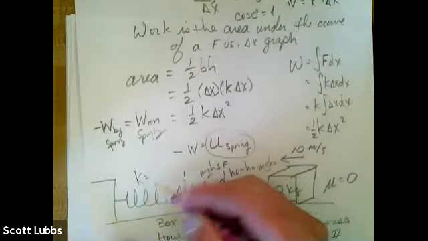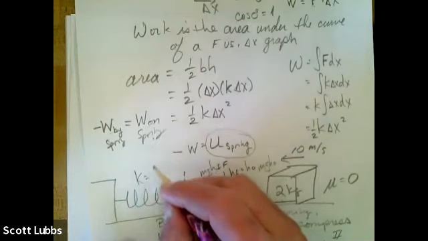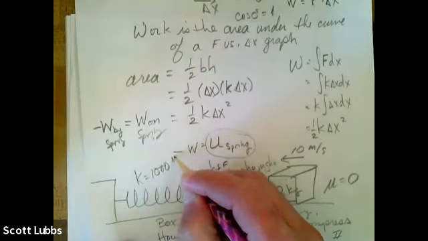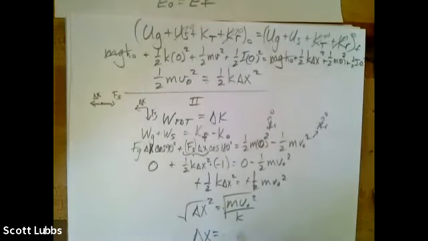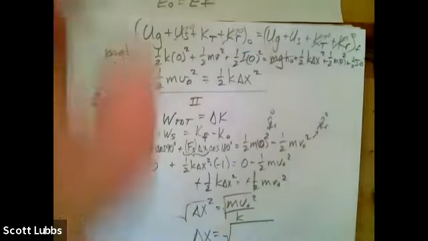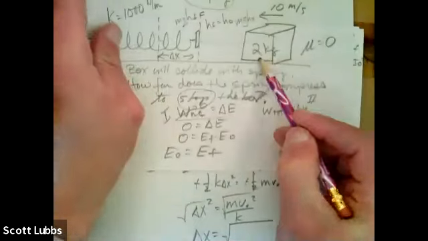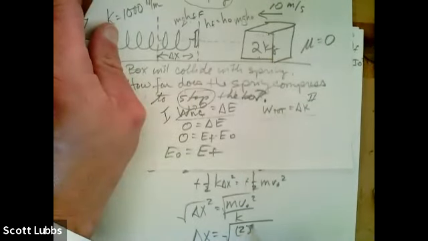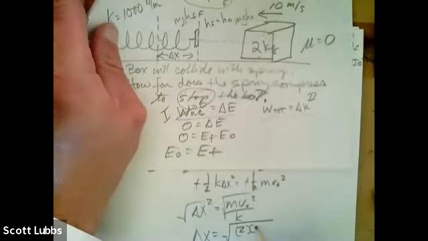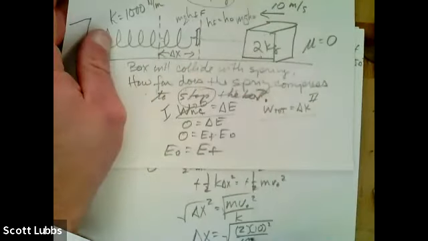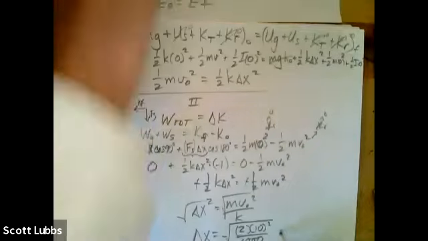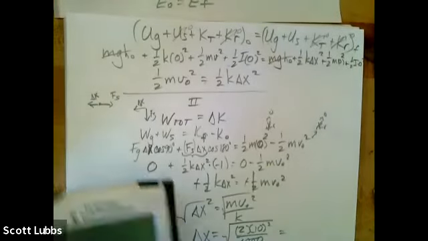So here's my k, I'll make it 1,000 Newton meters per meter. 2 kilograms, 10 meters per second squared, all over 1,000. That's going to give me a delta X of.